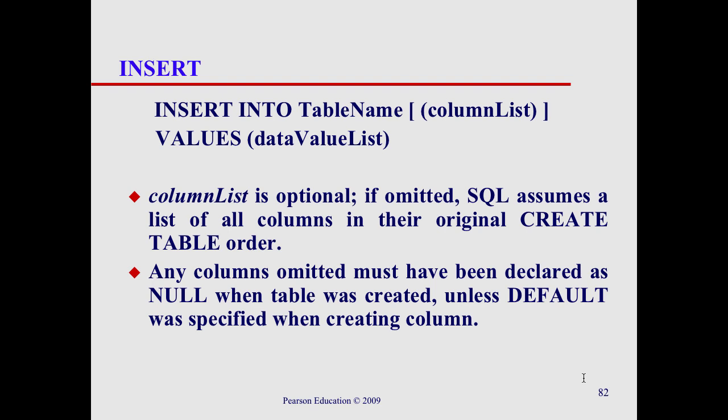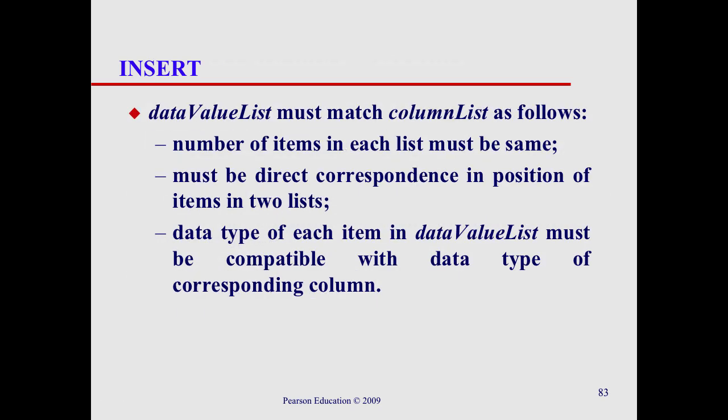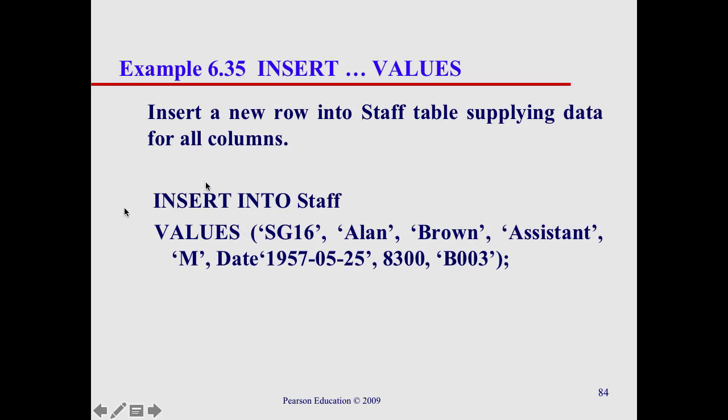If you want to insert a new row or new tuple into a table, the keyword is insert into, and the name of the table, then the keyword values, and essentially a comma-separated list of values that you're inserting. So I'll actually go straight to the example because that's the easiest to see.